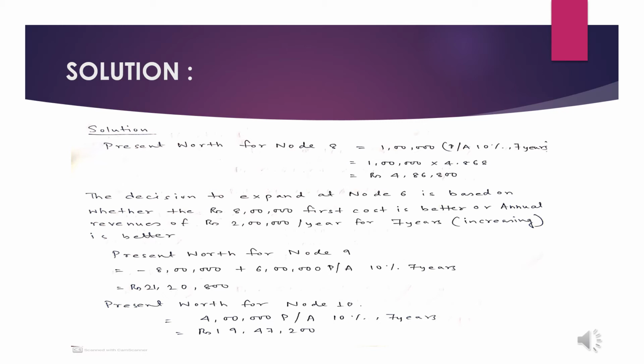And the continue branch should give us a revenue of 1 lakh per year, which is basically annual worth by nature. So we need to transfer that value into present worth. When we transfer the 1 lakh value from annual to present with 10% and 7 years, we get a value of 4,86,800.